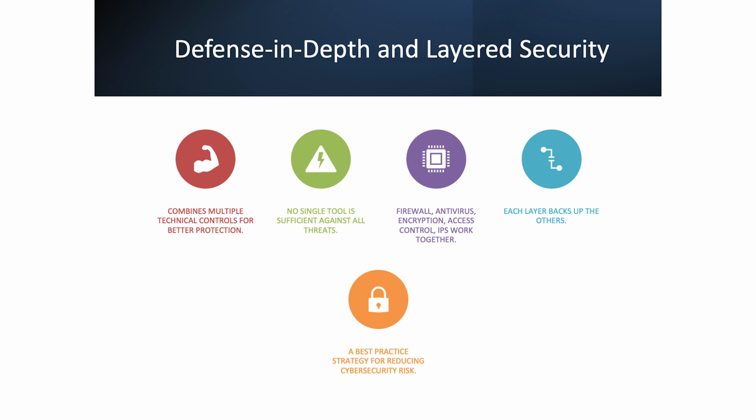For example, a company might use a firewall to secure its network boundary, antivirus on each computer to catch malware, encryption to protect sensitive data, access controls to limit user privileges, and an IPS to block advanced threats, all working together. Each control addresses different aspects of security, and together they significantly reduce the risk of a breach.